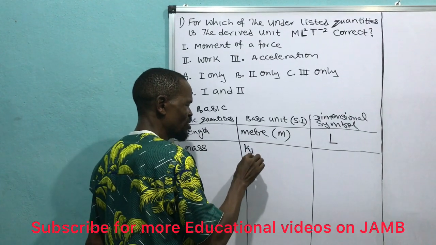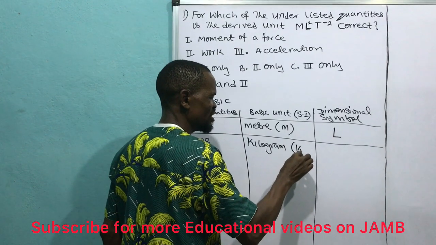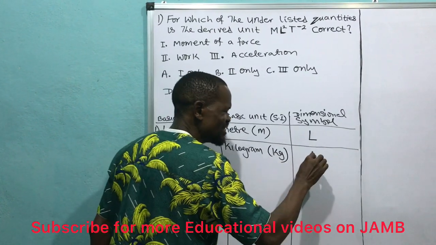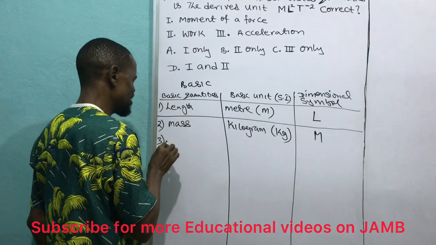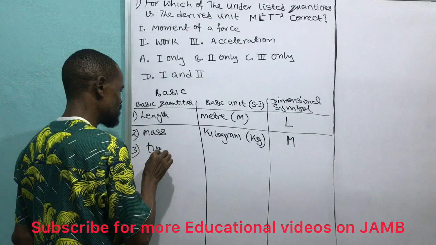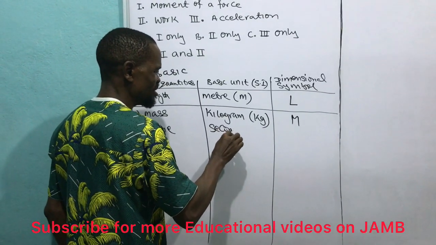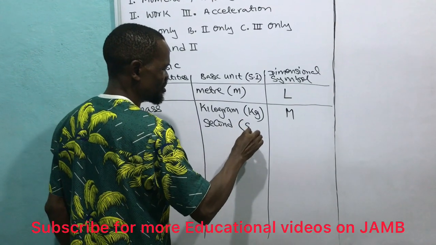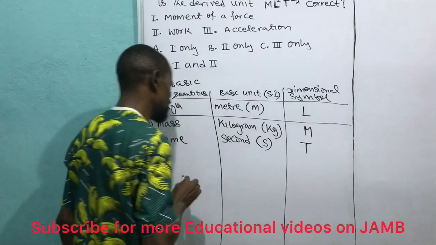The unit is the kilogram, the abbreviation is kg, and the dimension is capital M. Number 3 is time, measured in seconds, the abbreviation is s, and the dimension is capital T.